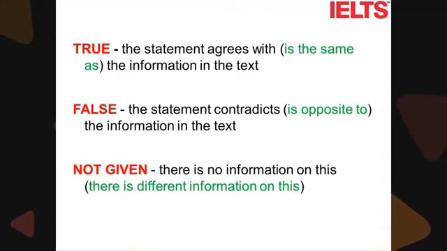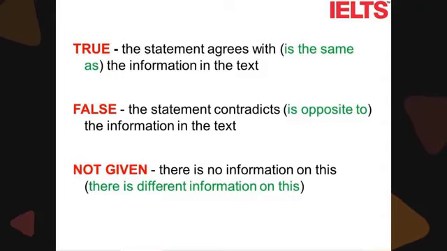I actually think it's easier to think of these definitions in a slightly different way, and that's the text in green that you can see. So true means the statement is the same as the information in the text. False means the statement is opposite to the information in the text, so we know that it's not true.